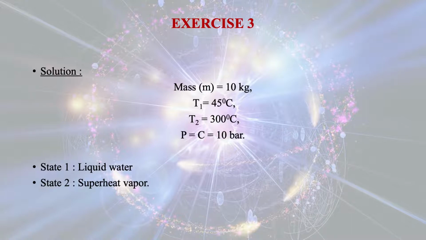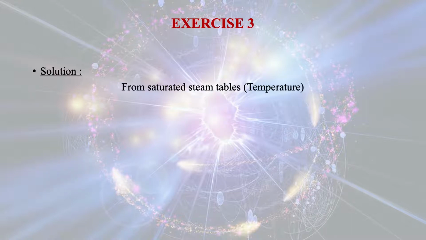So from the saturated steam table for pressure 10 bar and temperature 300 degrees centigrade, we can get the values for V1, Vf, H1, Hf and S1, Sf, everything from the steam table.